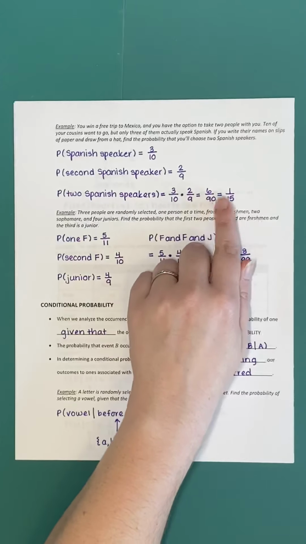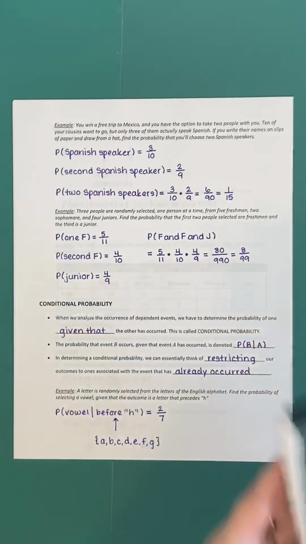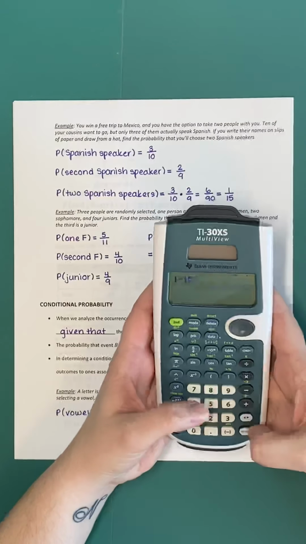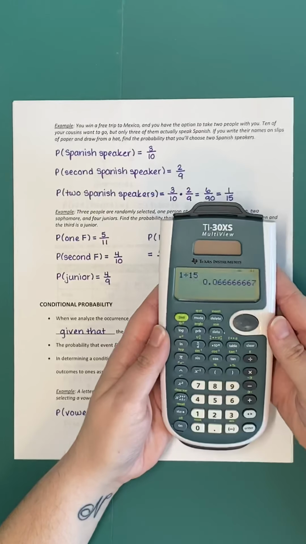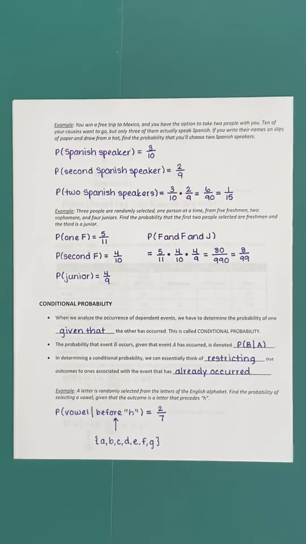We take the product, and that's going to come out to 1 out of 15. So what is that as a decimal? 1 out of 15, approximately 0.07. So about 7% of the time, if you were to draw names randomly based on this descriptive situation, you would draw a sequence of 2 Spanish speakers.